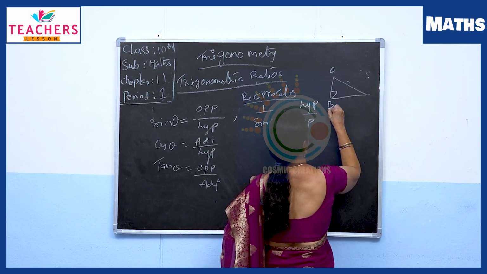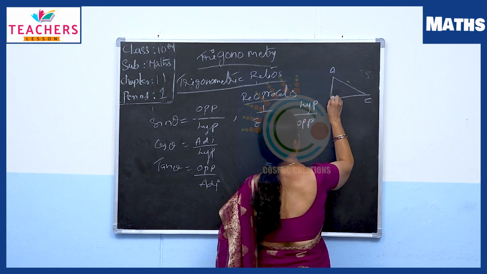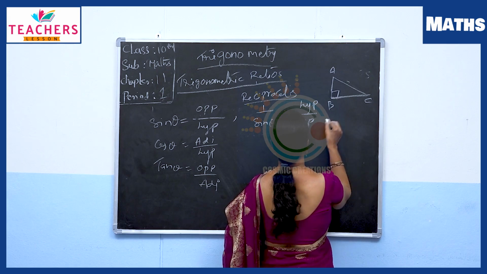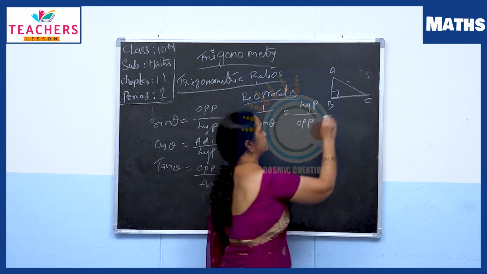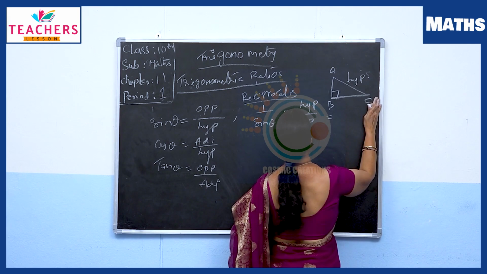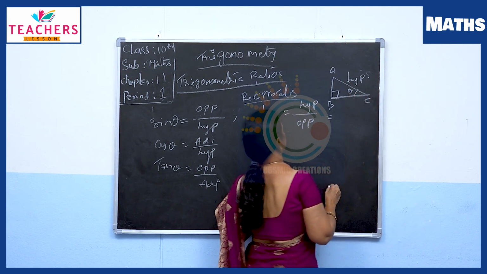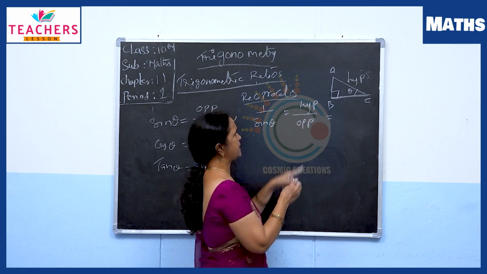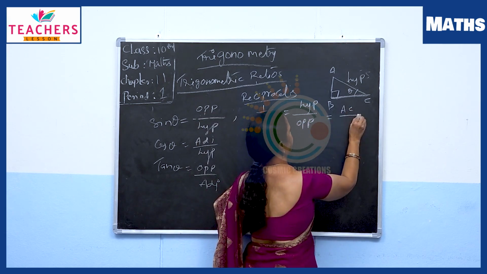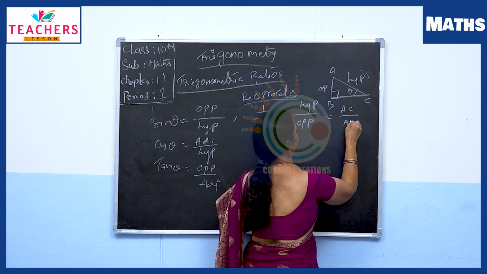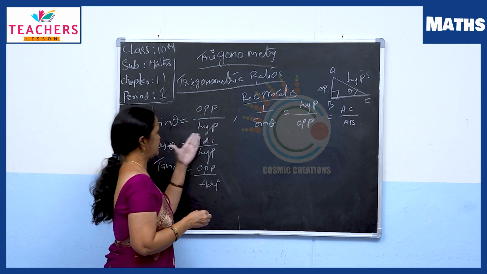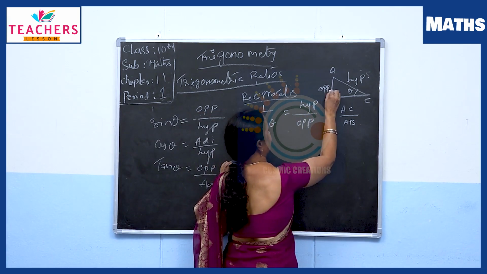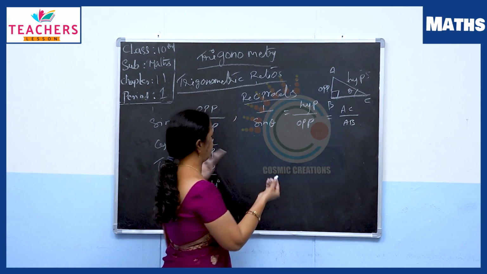ABC is given. This is hypotenuse, theta is here. What is hypotenuse? AC. AC by AB. Concerning sin theta, what happens? 1 by sine theta, here AC by AB will come.